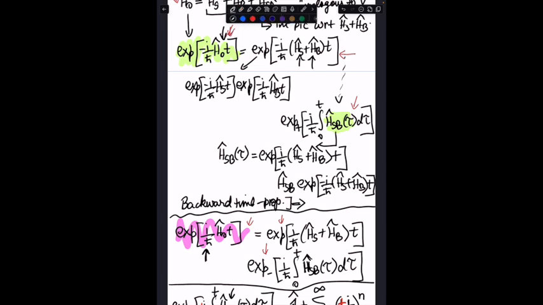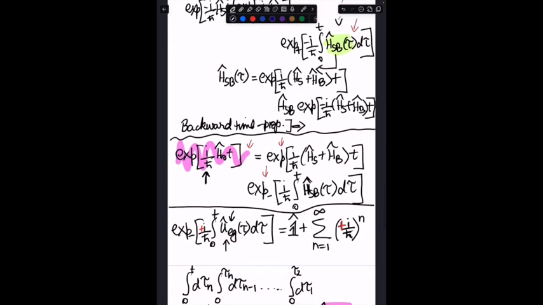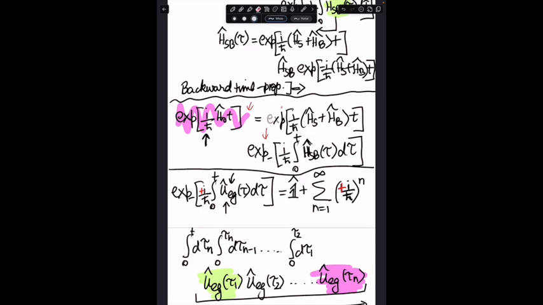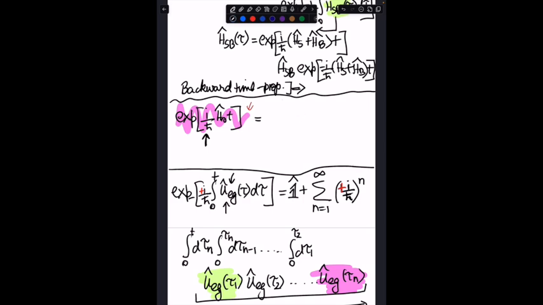When I take a Hermitian conjugate of two operators A and B, it would be B dagger, A dagger, and not A dagger, B dagger. So for your backward time propagator, you better write your negative time ordered exponential first, and then followed by your propagators with respect to your system and bath. I apologize for the mistake.